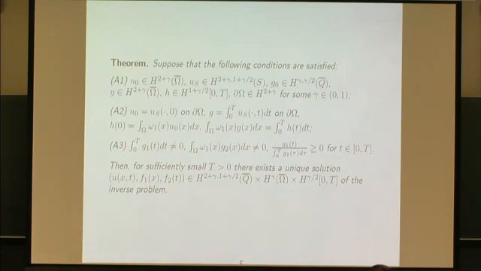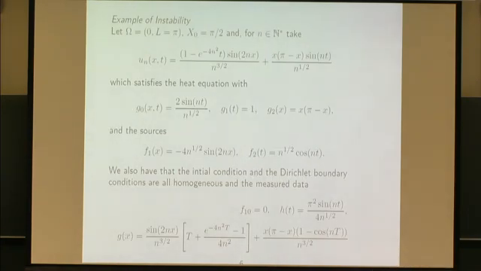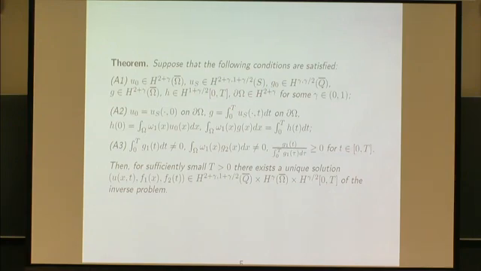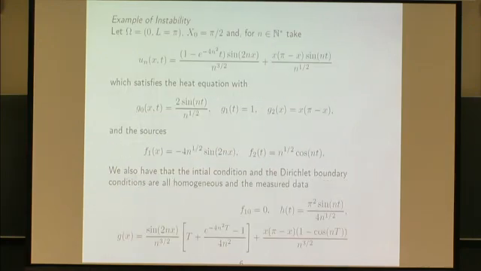Now, even so, even if the problem satisfies the first two conditions in the Hadamard sense for well-posedness, you can easily find an example showing that the solution is unstable with respect to small perturbations in the data. And this is just a one-dimensional example in a finite slab of length pi.